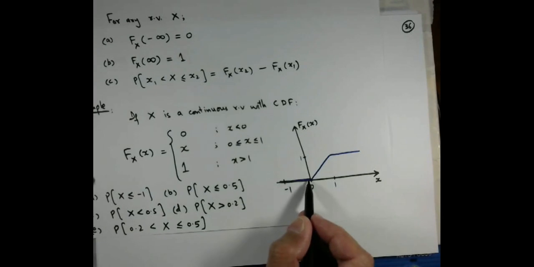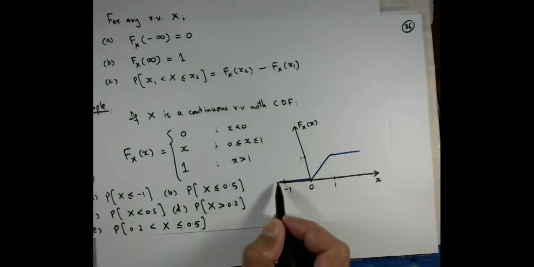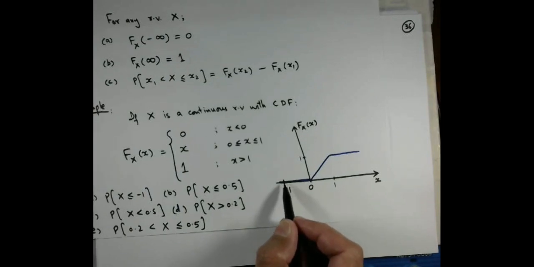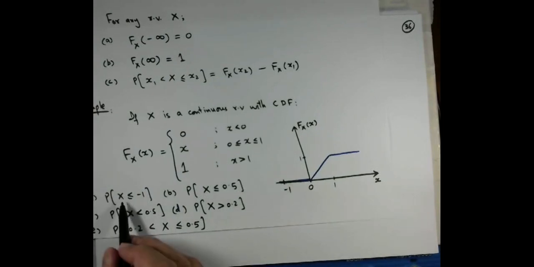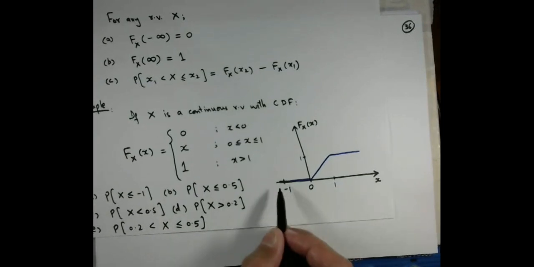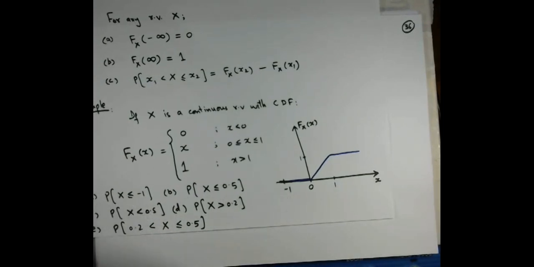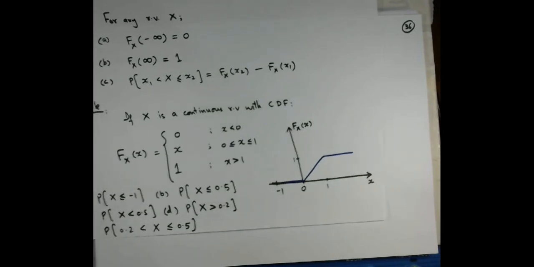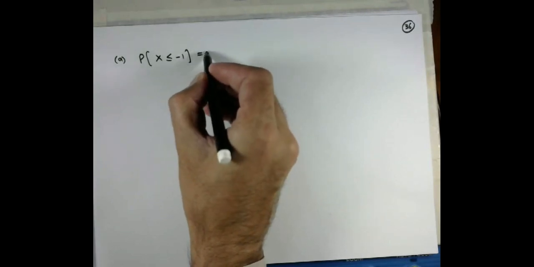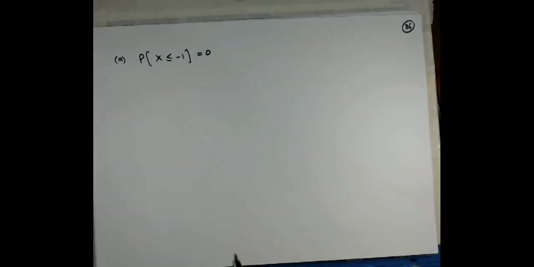So the probability, and this is the probability axis, so the probability is 0 even in this range. So below -1 obviously it is also 0. So the probability that x is less than or equal to -1 is simply 0. And so we can write that this probability is 0.